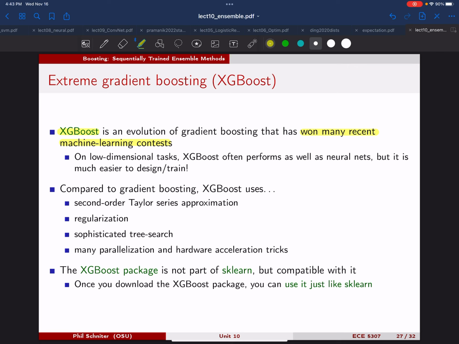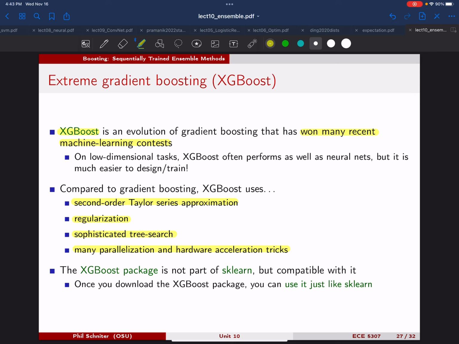And the main things that it uses beyond gradient boosting: instead of a gradient, it uses a second-order Taylor series approximation. So instead of just looking at slope, it looks at slope and curvature. It uses a regularization that helps to guide the depth of the tree. It uses sophisticated tree search, and then it uses a lot of parallelization and hardware acceleration tricks.